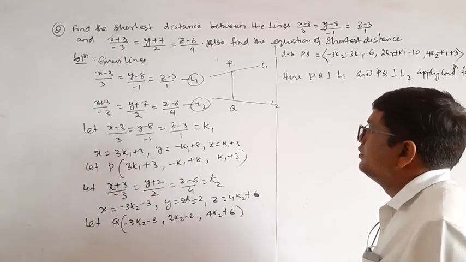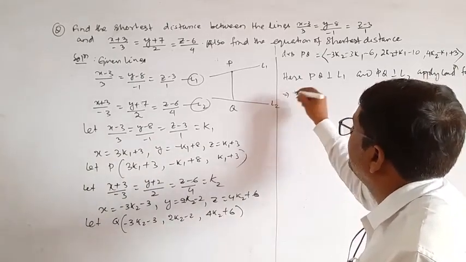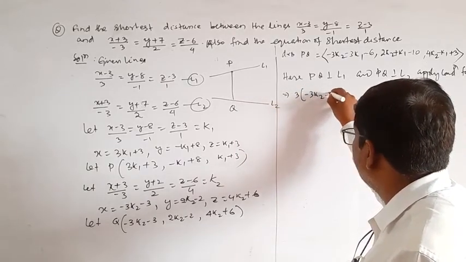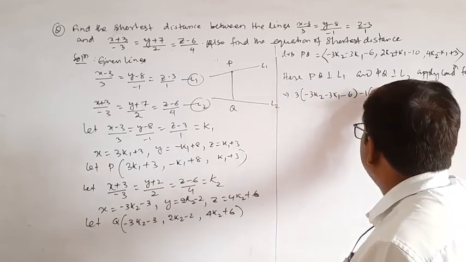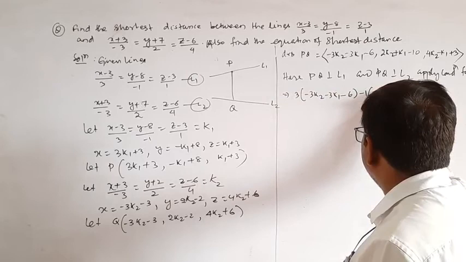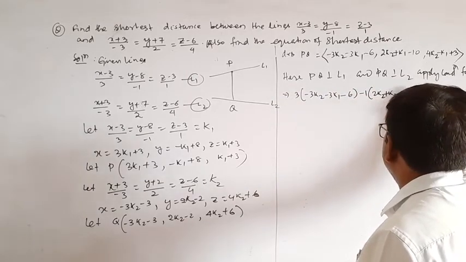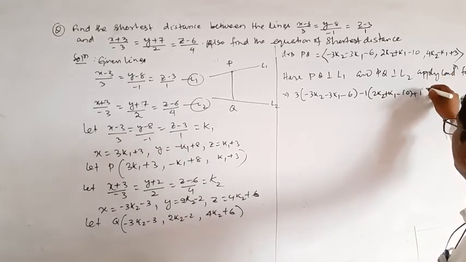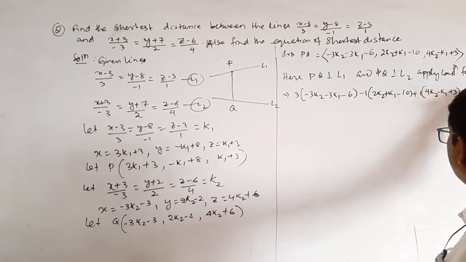So that is what? DRS of the line 3 into, that implies 3 into minus 3k2 minus 3k1 minus 6 minus 1 into 2k2 plus k1 minus 10 and plus 1 into 4k2 minus k1 plus 3 is equal to 0.